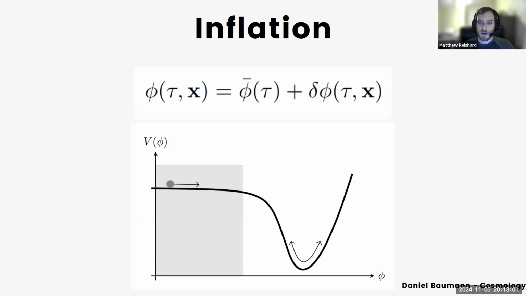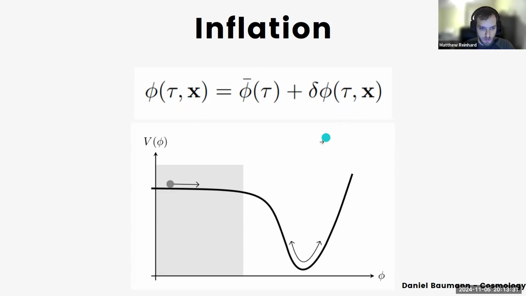So a little background about inflation. Inflation was a period of exponential expansion of space in the very earliest moments of our universe. This expansion is due to a field known as the inflaton field. And so phi will represent the inflaton field here. We can write it as some homogeneous background value plus small perturbations on that background.